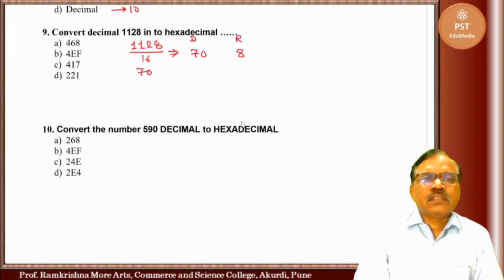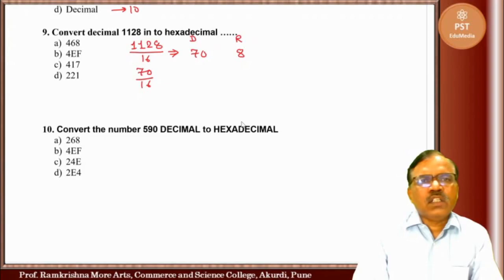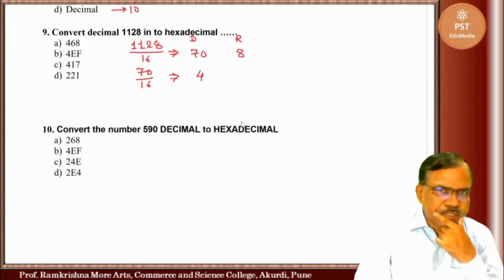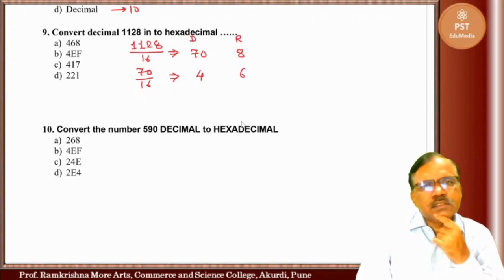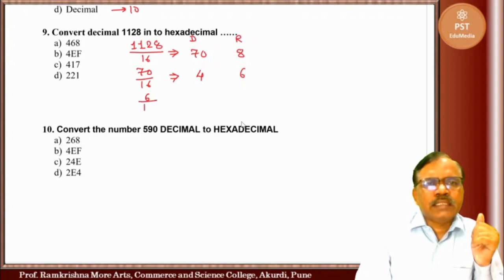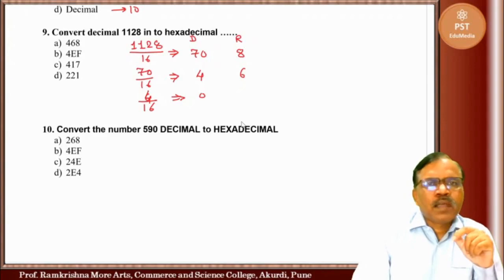Then 70 by 16, the division is 4 and the remainder is 6, since 16 into 4 is 64, so remainder 6. Now 4 by 16, division is 0, remainder is 4.